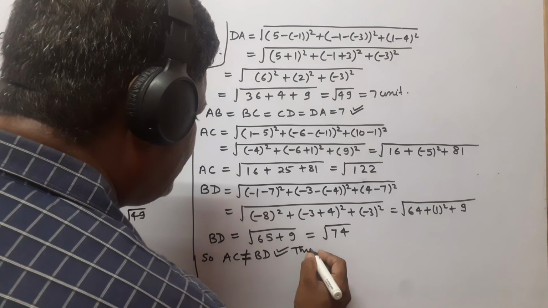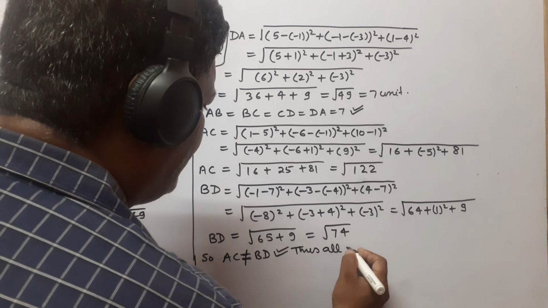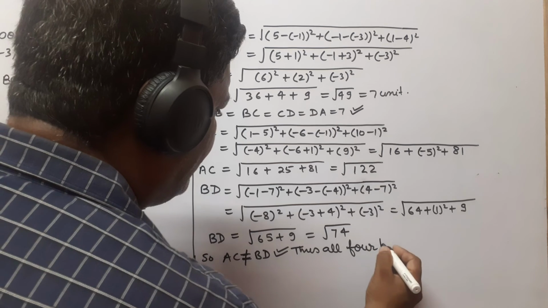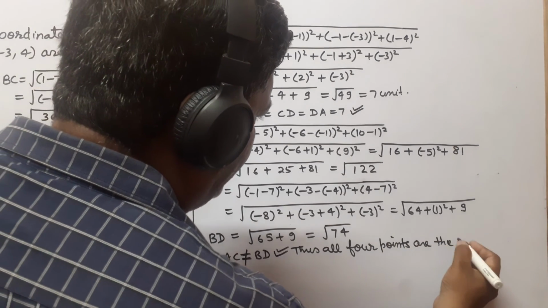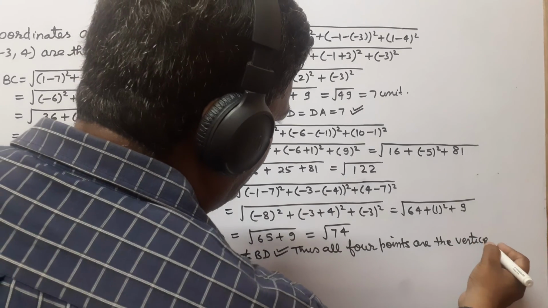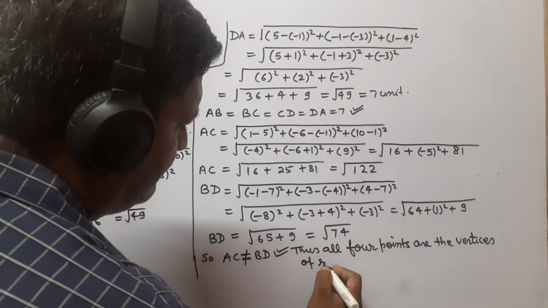Thus all 4 points are the vertices of a rhombus.